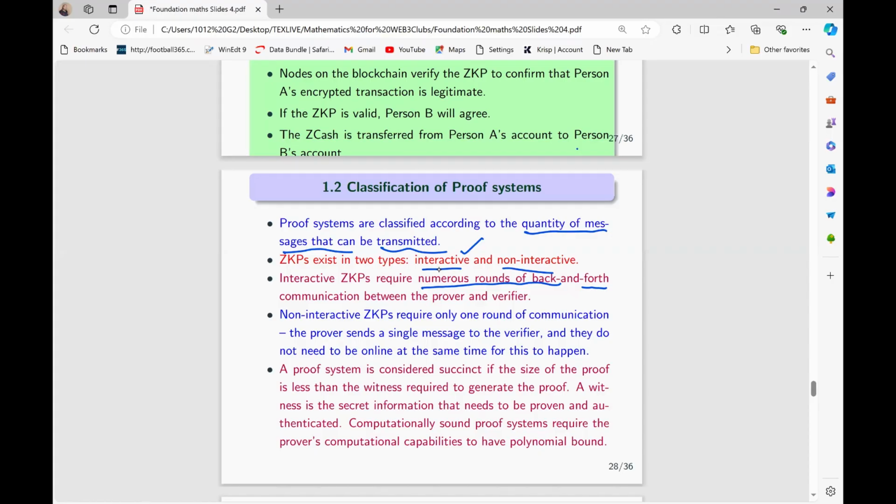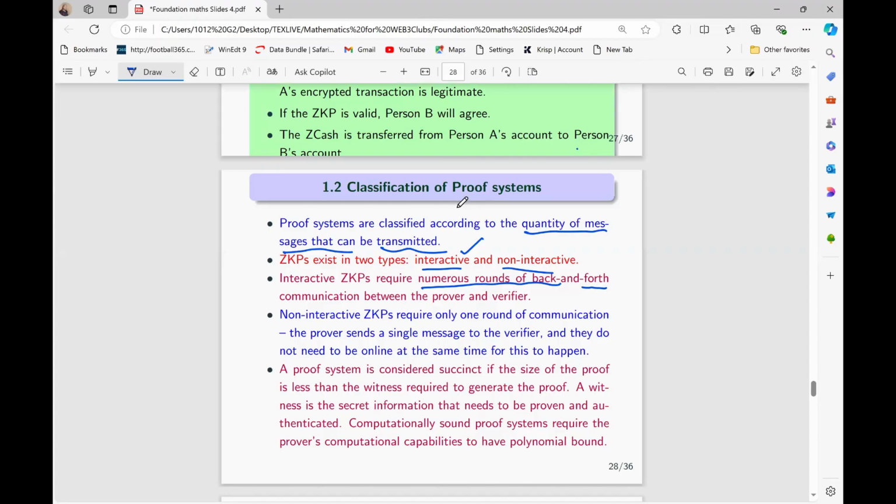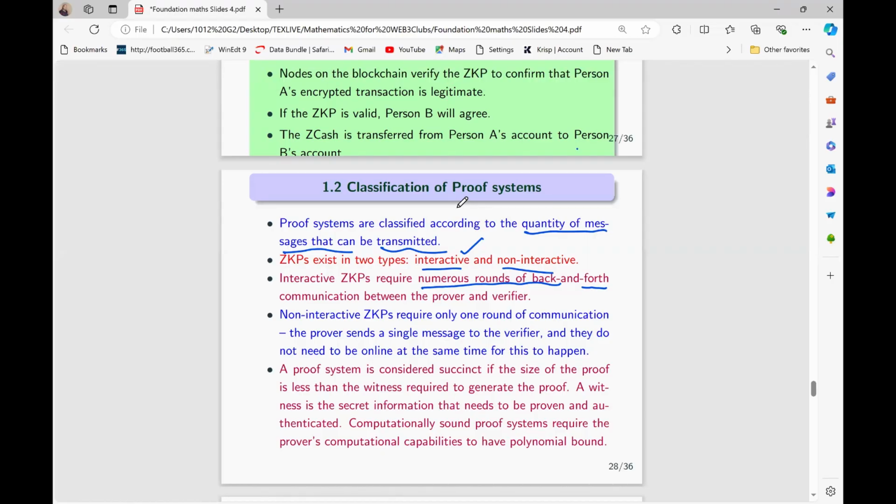So this process can continue for a while. This is what I mean by back and forth communication. Alex will ask as many questions as possible, even 10 times or 20 times or even 30, until he's convinced that indeed Wanjiru has this ability.